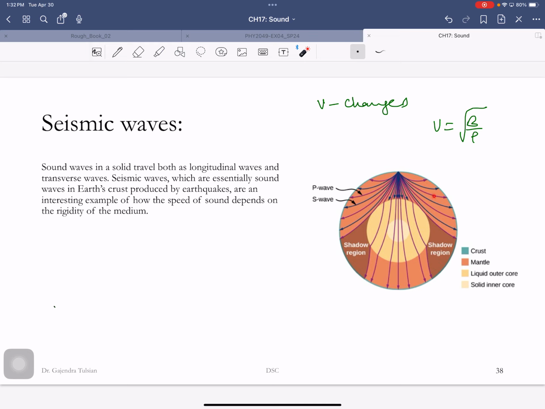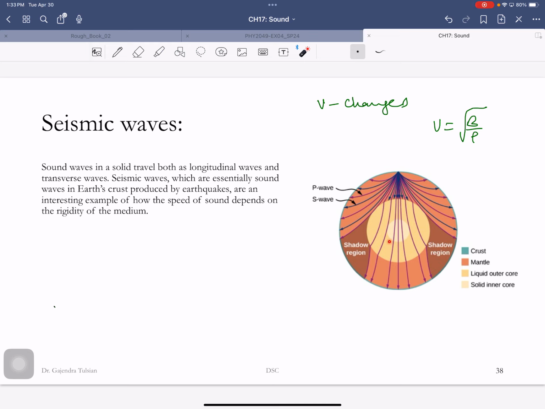You reconstructed the path, and using data from millions of earthquakes, you can calculate the velocity as a function of position, and then back calculate the bulk modulus and density. So that's how we know the internal structure of the Earth.